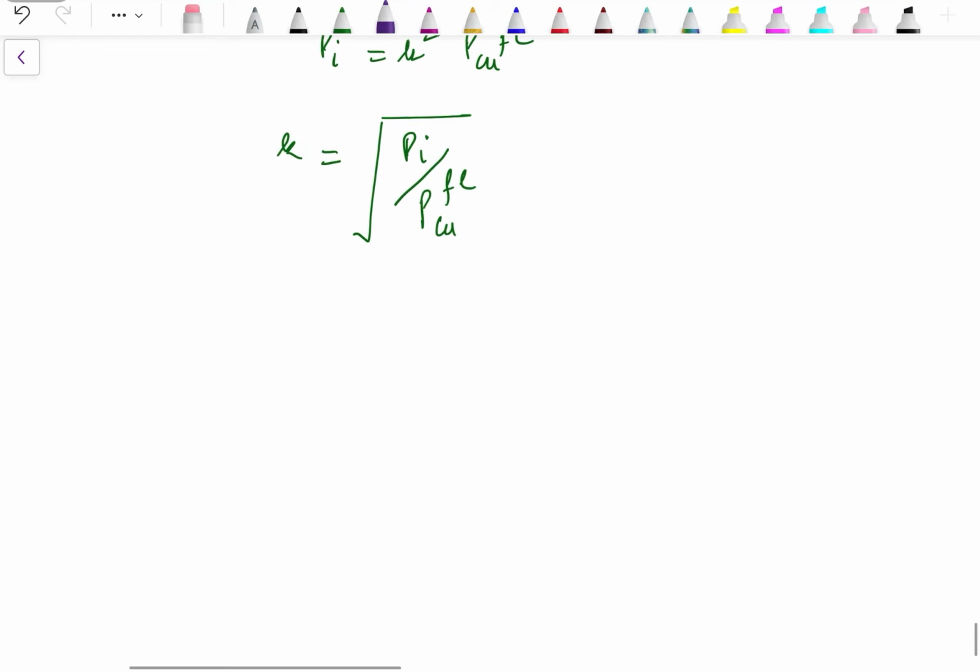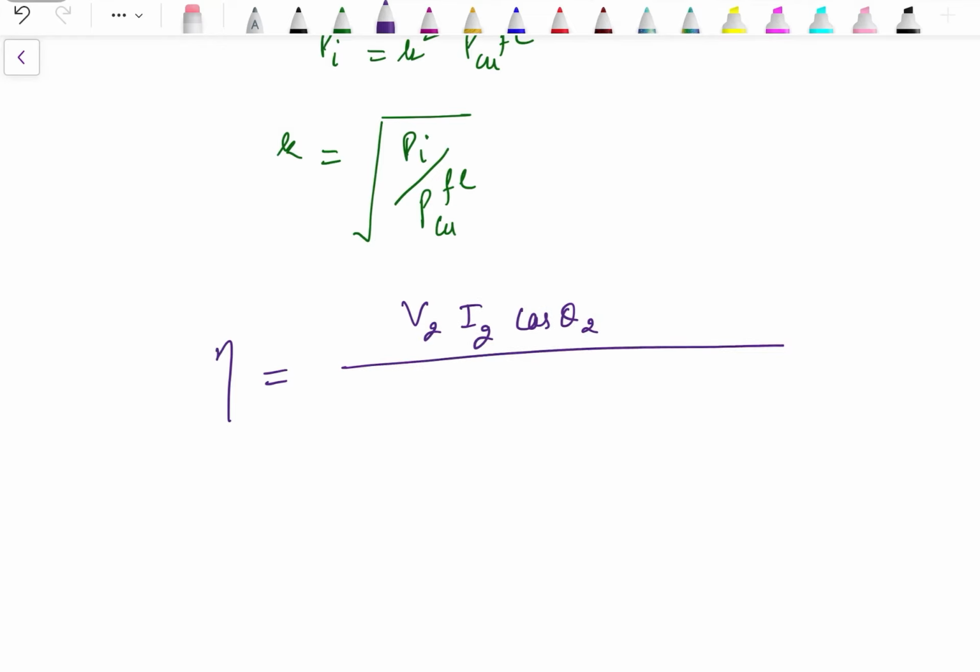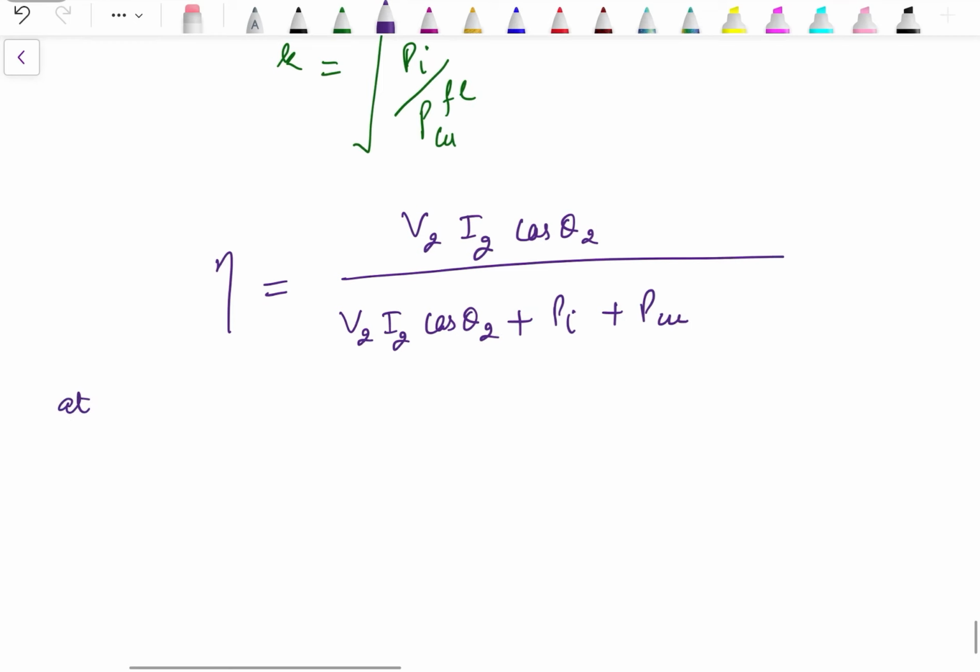Also, what we have written is that efficiency is V2 I2 cos theta 2 upon V2 I2 cos theta 2 plus Pi plus PCU. We can write the efficiency at any fraction of load.